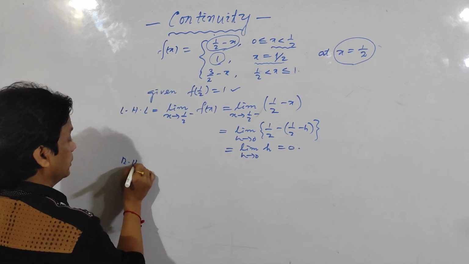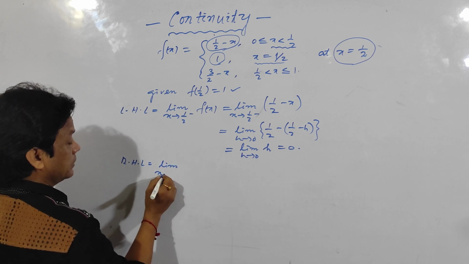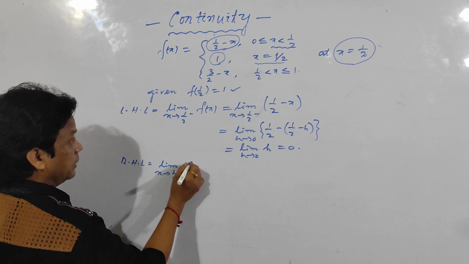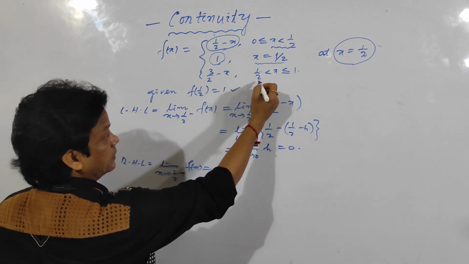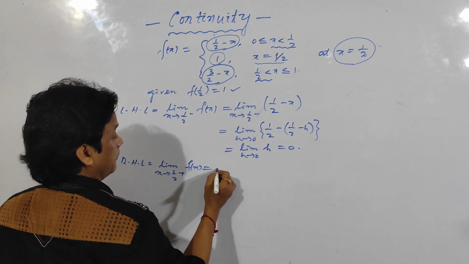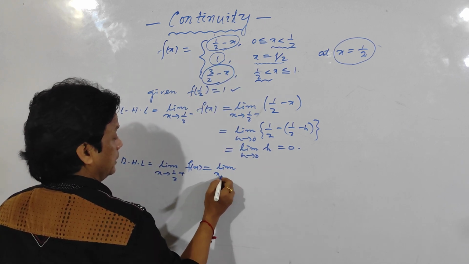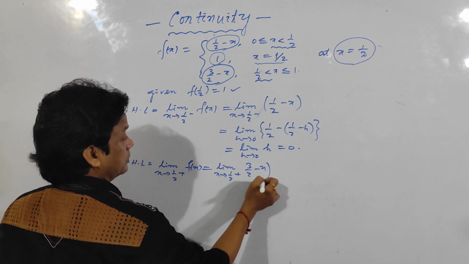So RHL, right hand limit. Limit x tends to half plus f of x. Half plus means it is greater than half. So when x is greater than half, the function is 3 by 2 minus x. So it is limit x tends to half plus 3 by 2 minus x.